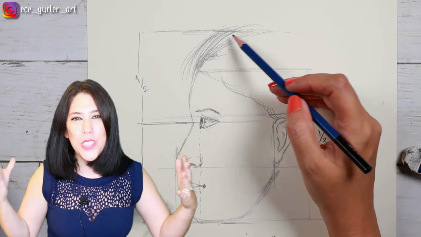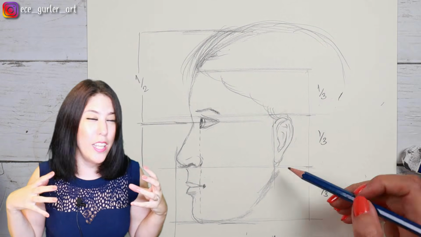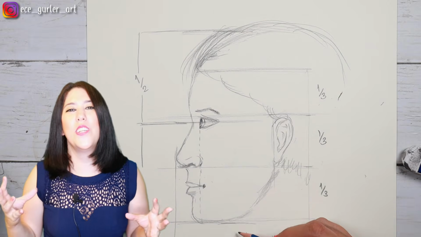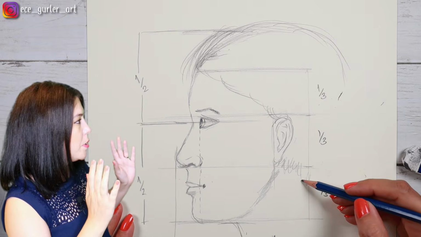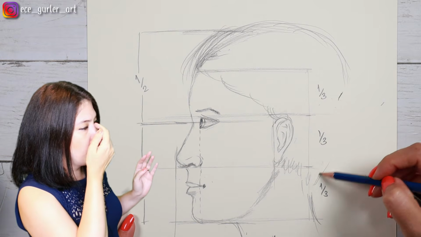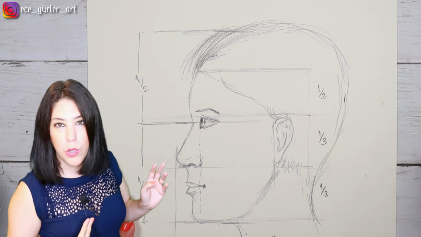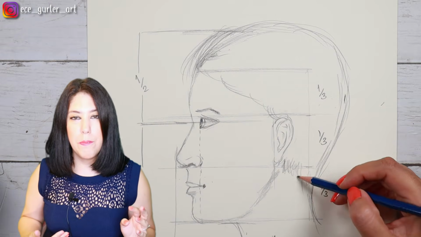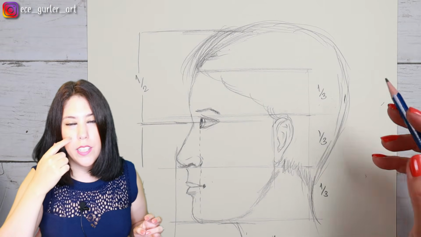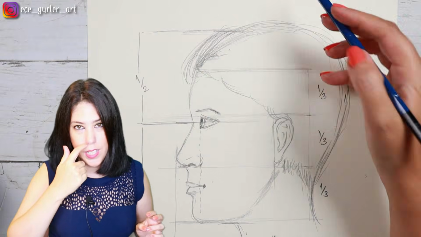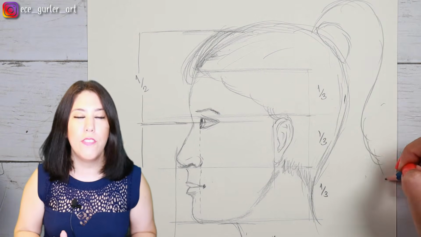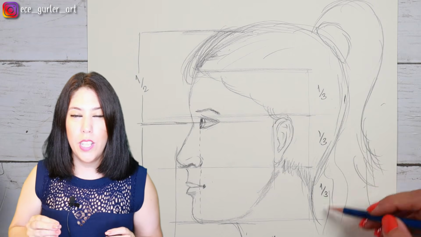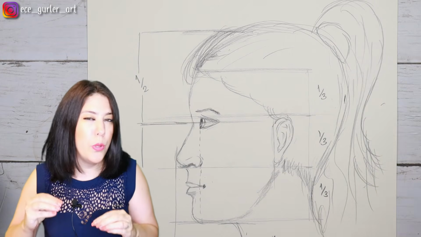So just considering all these information and all these proportions, you can create the best portrait for yourself. So when you look from the side, where the eye is, where the eye ends, when you draw a straight line, that will also coincide with where the nose ends and where the mouth ends. So that is a perfect line when you think about it in golden ratio. That will help you a lot.